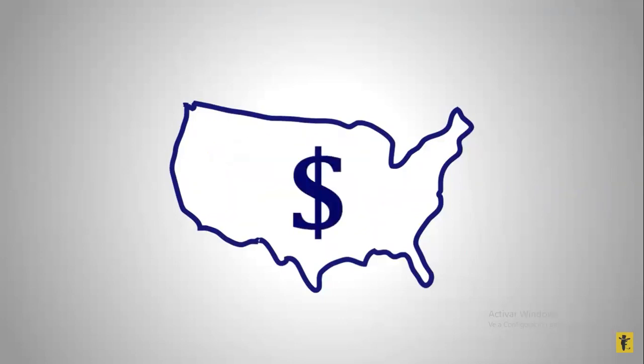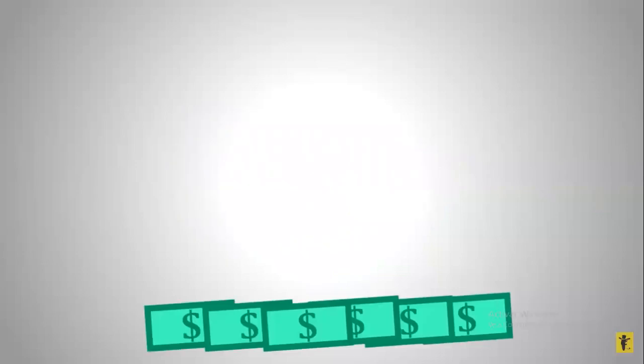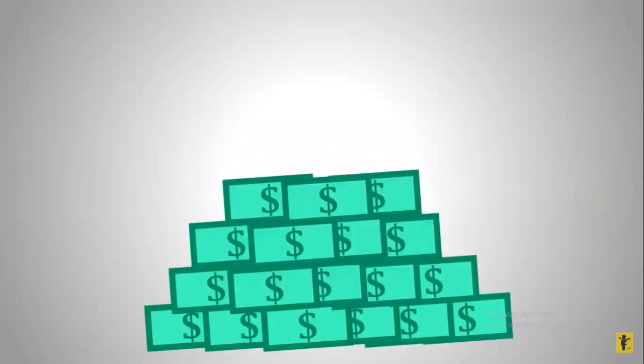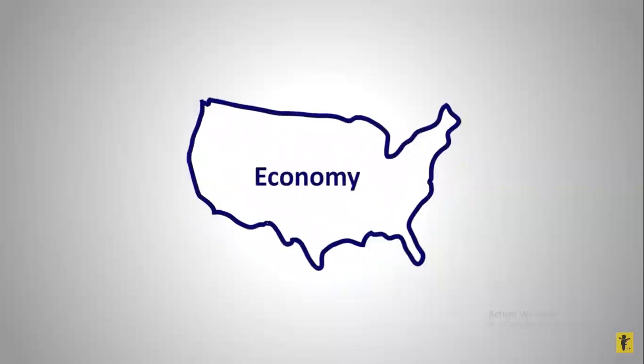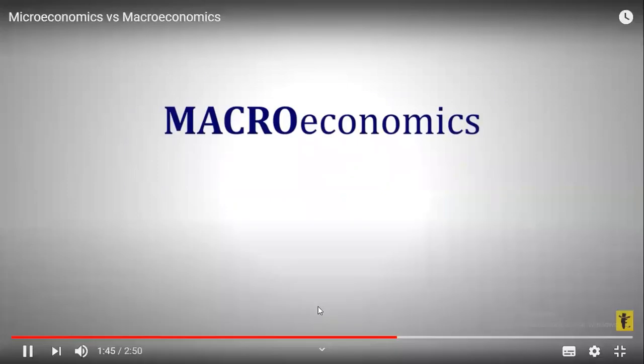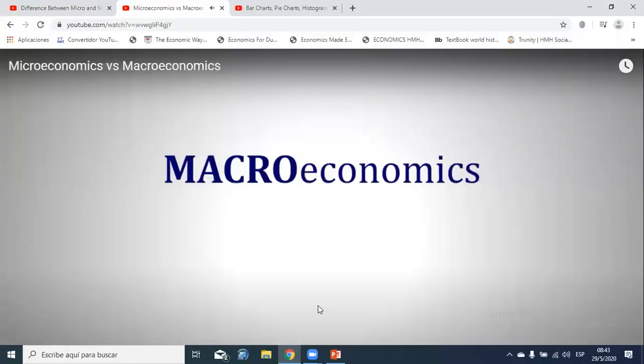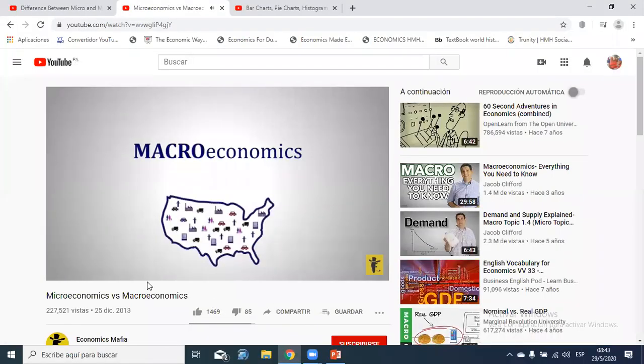National income, which is often referred to as GDP. Some questions we try to answer in macroeconomics are: what happens if money supply increases? What causes the economy to grow over time? So in a nutshell, macroeconomics studies the economy as a whole.